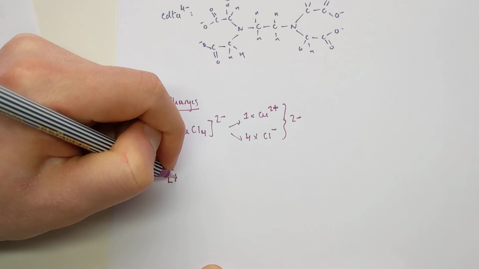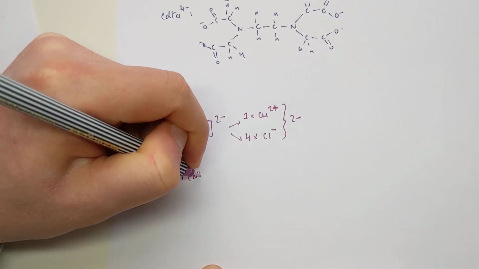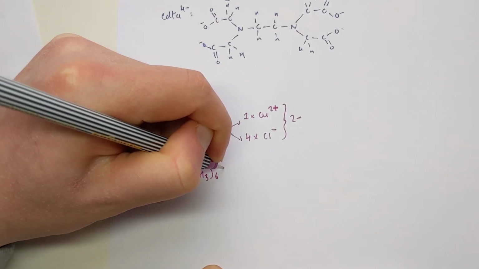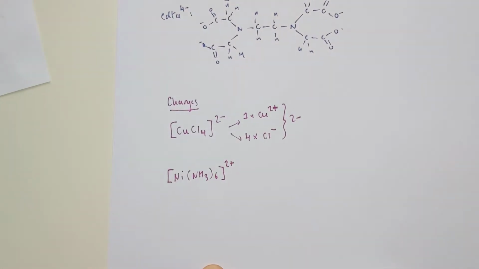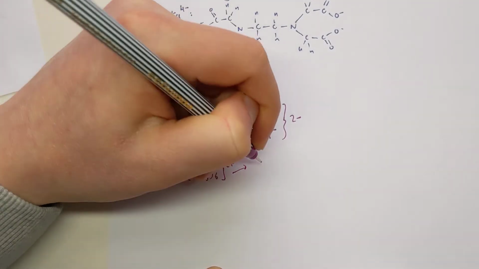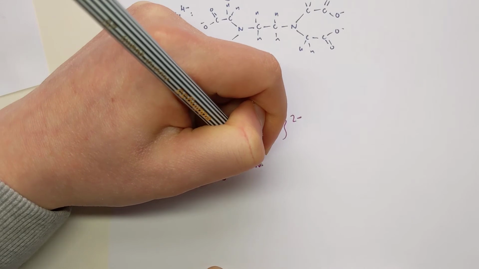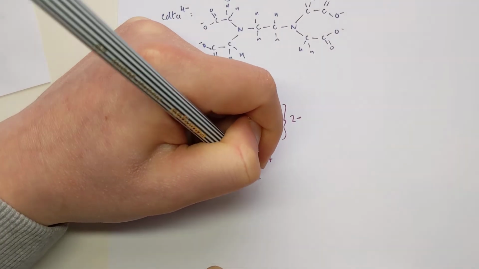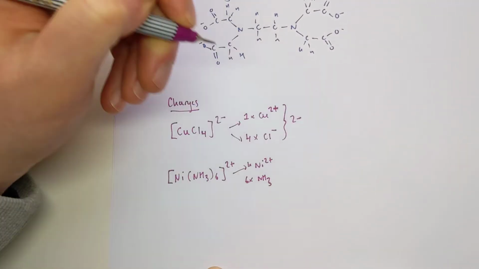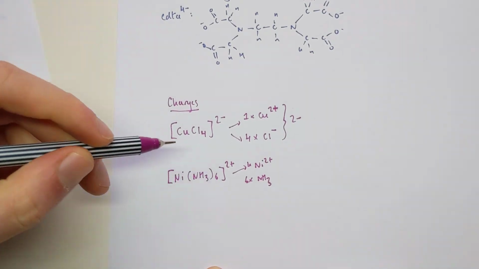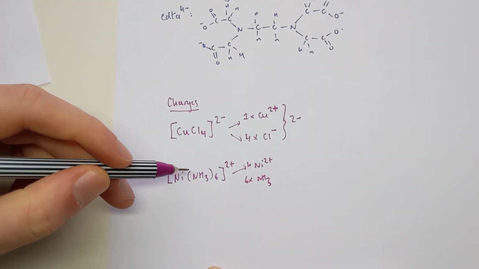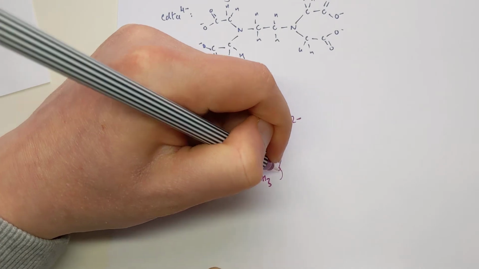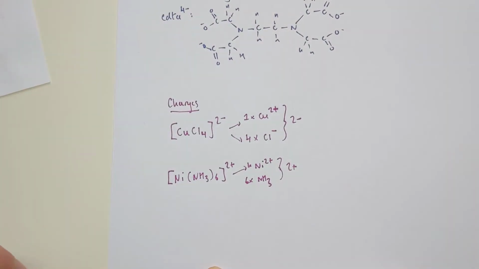However, with a neutral ligand, if I think of nickel with 6 ammonias attached to it, it ends up with a 2+ charge. The reason is, it's got 1 nickel 2+ ion. It's got 6 ammonias, but the ammonias have no charge, they're neutral ligands. So the overall charge of the complex just comes from the positively charged metal ion, giving it a 2+ charge overall.